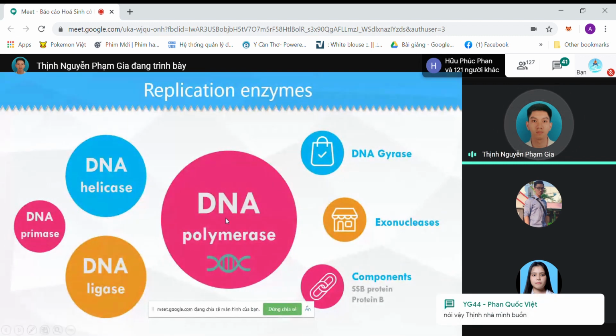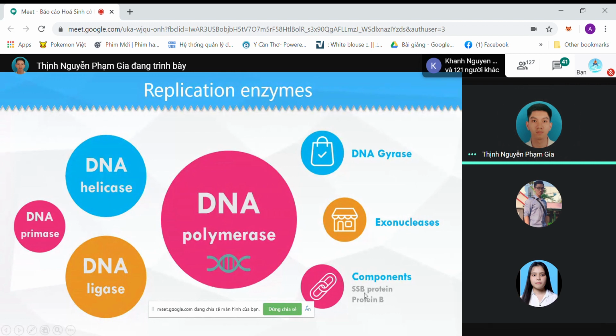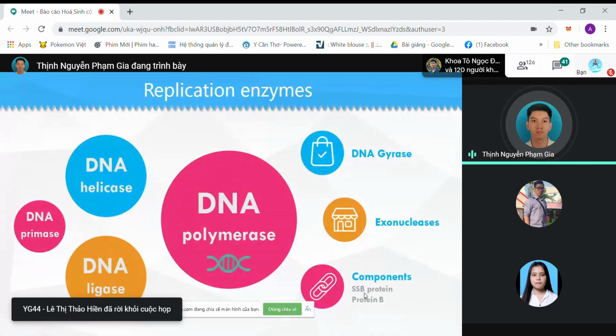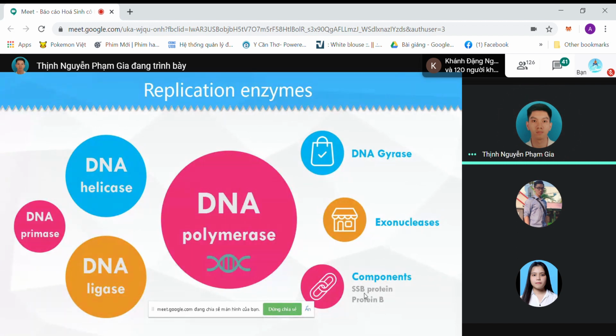Besides the enzymes, we also need some components, such as SSB proteins, which bind and prevent the DNA double helix from recoiling after DNA replicates in cells. Remember these enzymes, and I will talk more particularly about their functions when going into the process.